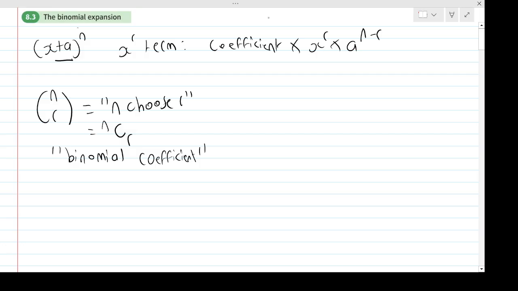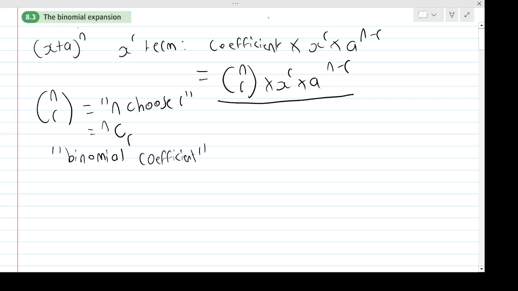And so this coefficient simplifies: for the rth term of x, it would be n choose r times x to the r times a to the n minus r. Okay, and that is it.